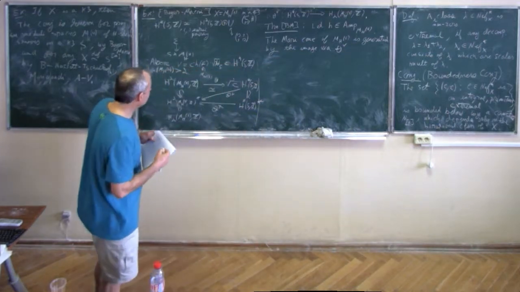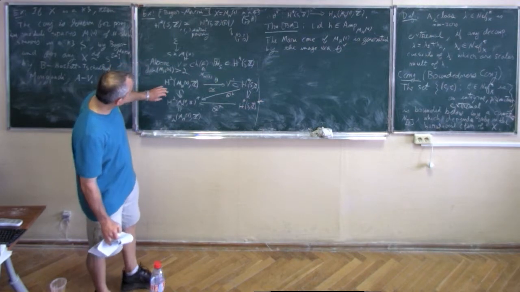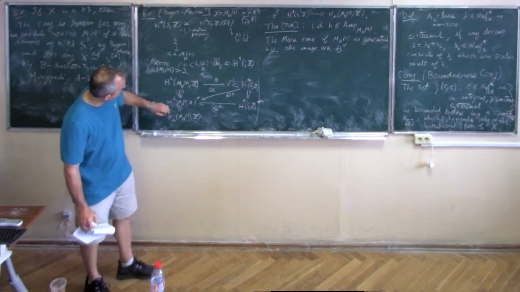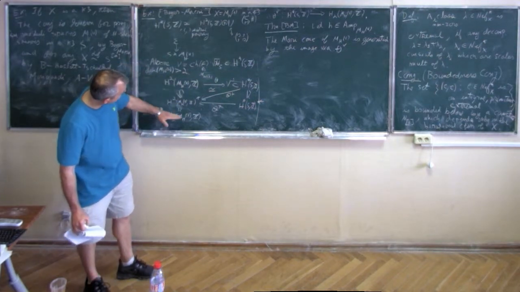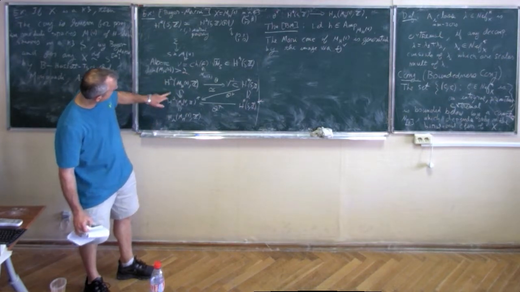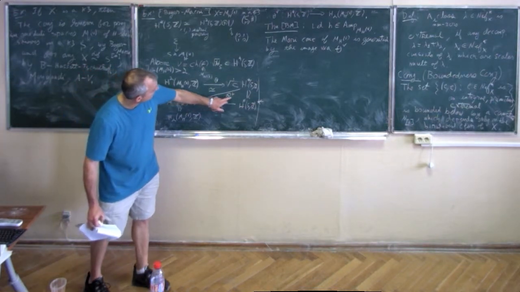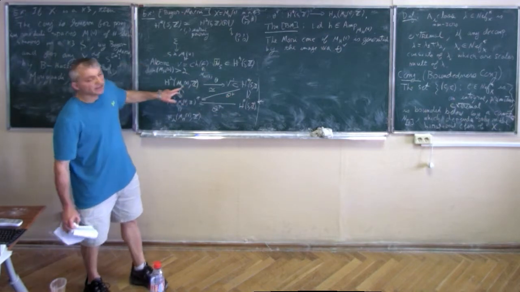Once you tensor over Q, these are actually identifications. So we can think about this sitting in the rational vector space spanned by this. And under this map, this phi dual, this is just a projection.